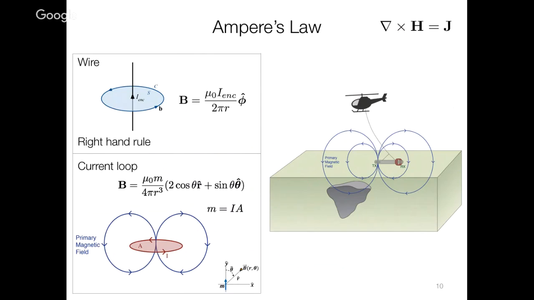You know that from grade school, if you have current in a wire, the direction of that current, the way that your fingers curl tells you the direction of the magnetic field. So the magnetic field curls, and the expression for the magnetic field is given by this, with permeability, current I, and then r.